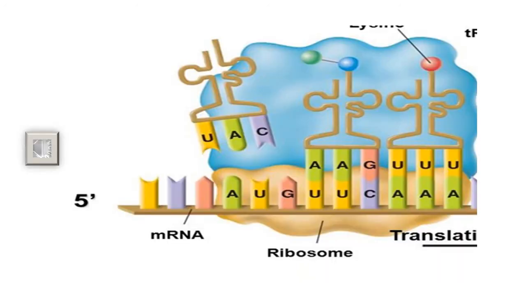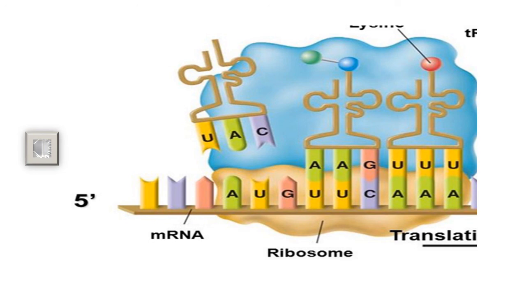This picture shows a quick review of the second step of protein synthesis, that is translation. In translation, we use the three components of RNA: mRNA, the strand, and tRNA, and ribosome. As you can see here, the ribosome has two subunits, blue and brown.